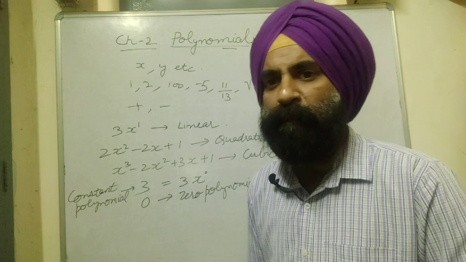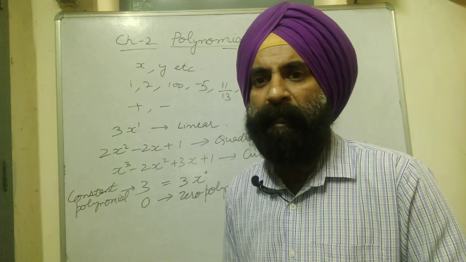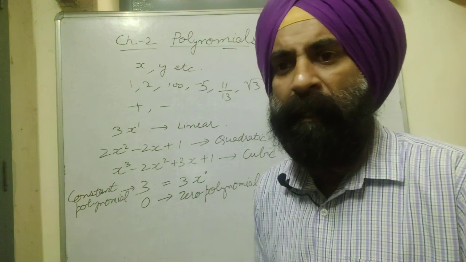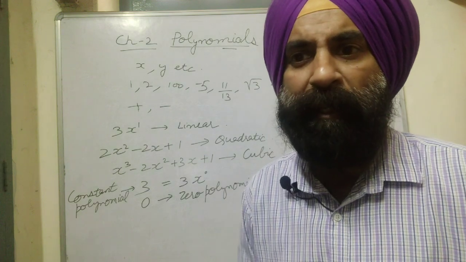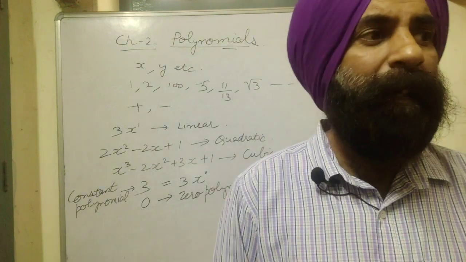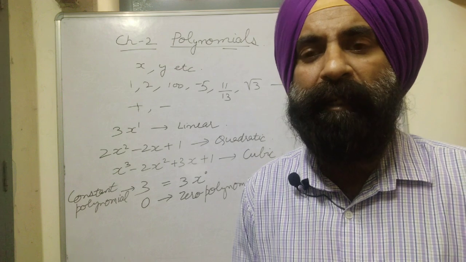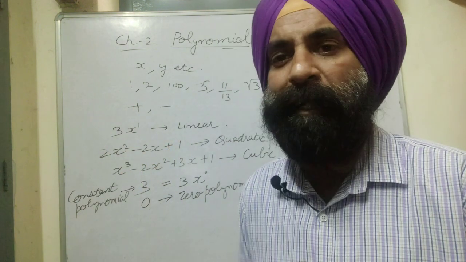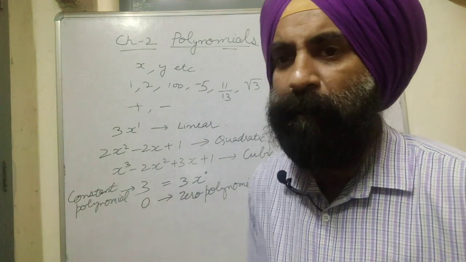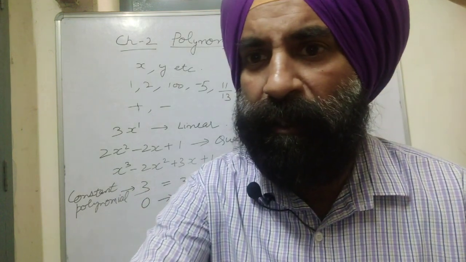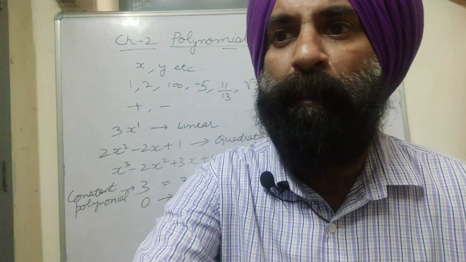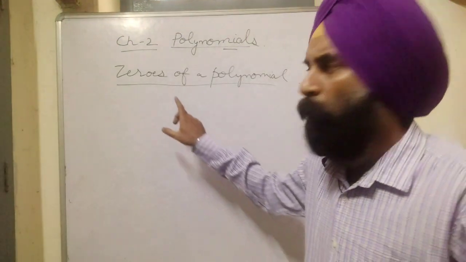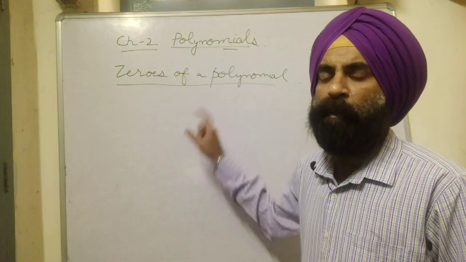If you have two terms in an algebraic expression, it is called a binomial. If you have three terms, it is called a trinomial, and so on. You have learnt this in earlier classes, but here we are dealing with polynomials. So hope you understood this. Now we'll consider another topic, and the topic is zeros of a polynomial.